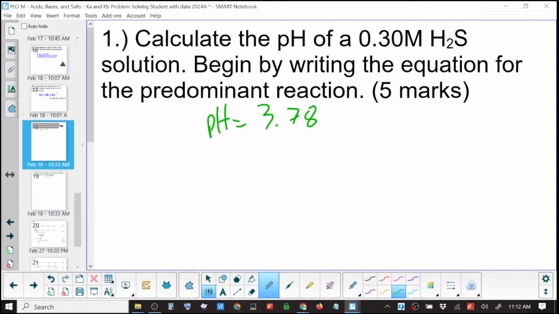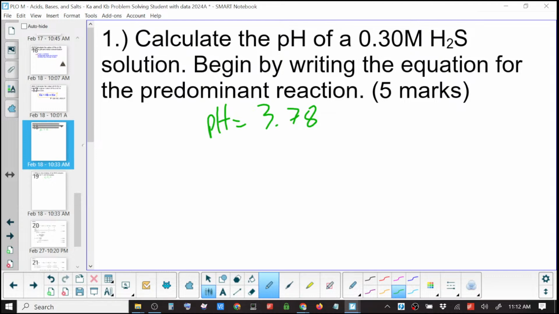Wait, but I got that answer when I did it wrong on this page. It is possible. I found in the other class to do it completely wrong, but because of the way it sets up, because of the way it's symmetrical, sometimes you can still get the right answer doing it the wrong way.